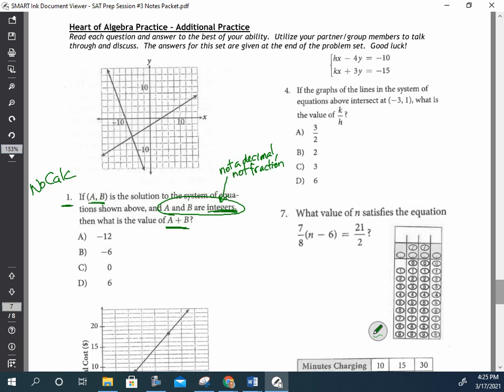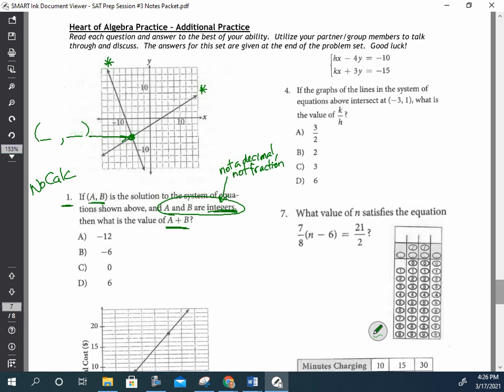So remember, a system of equations is you're working with two lines. When those two lines meet, that is where your solution is. So you have a line there, you have a line there. Where they meet is right there. Since they meet right there, that will tell you what that answer should be. So we have to figure out what that ordered pair is going to be. Look at your graph.